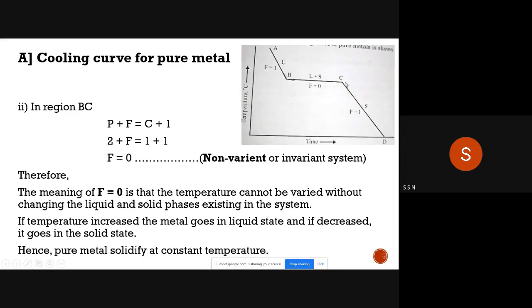For the third region from C to D, apply the Gibbs phase rule and tell me what will be F. Write in the chat what will be the degrees of freedom for the C to D line or curve.